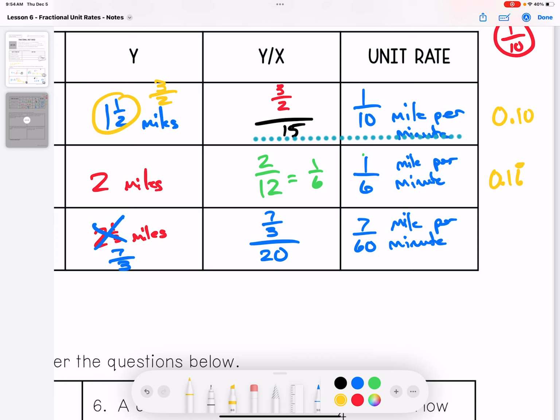And then if you did 7 divided by 60 in your calculator, you're going to get 0.116. So which guy is traveling the fastest? The middle one. He's going further every minute.